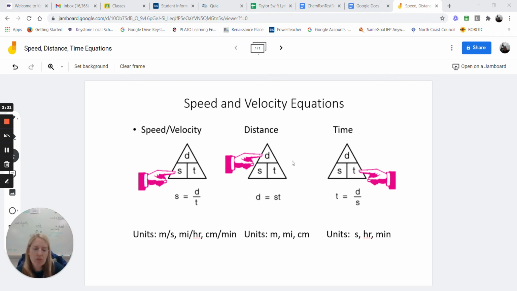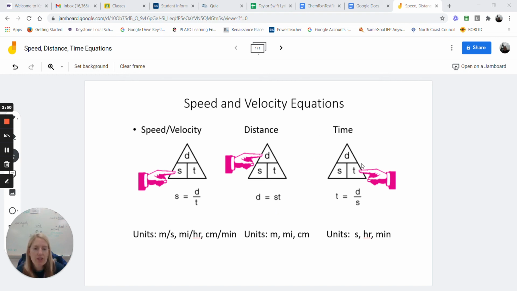Again, the distance would be a unit such as meters, kilometers, centimeters, or miles, or feet. It just depends on the unit that we were given for speed for that particular problem.